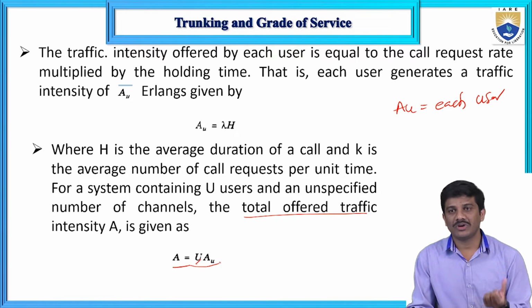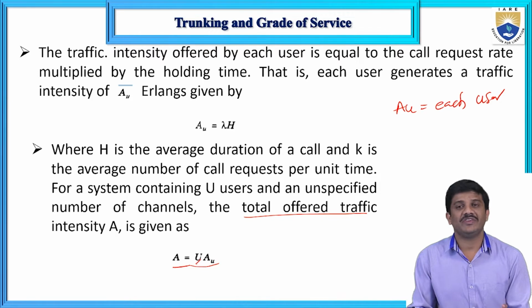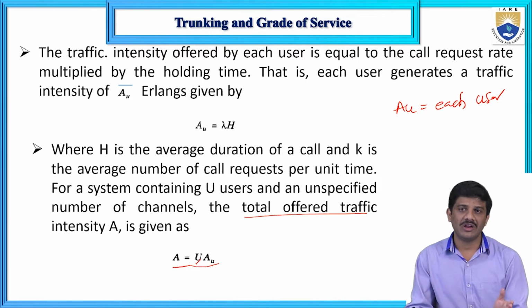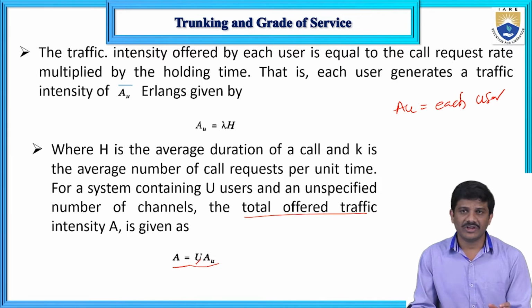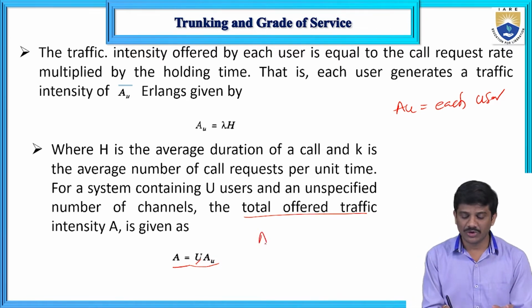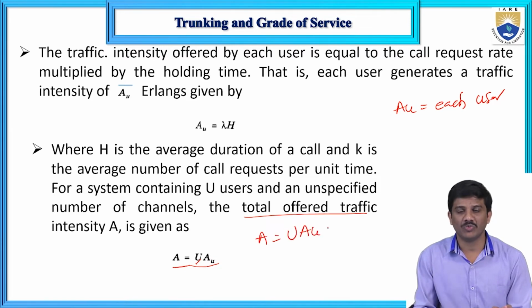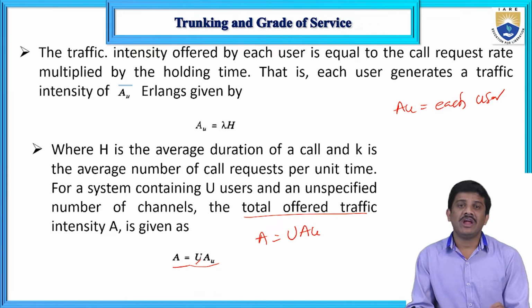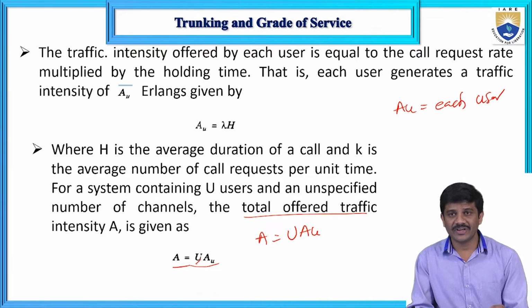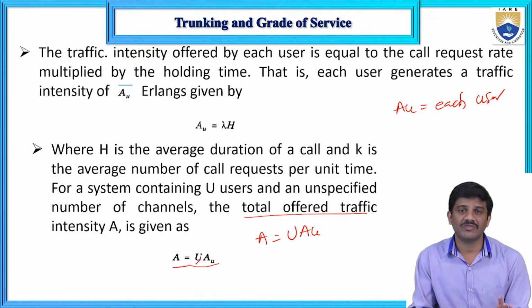That means the total number of users, U, multiplied by each user's traffic intensity, Au, gives the total offered traffic intensity A. Here U is the number of users. So A equals U into Au. Like that we can find the traffic intensity for each user, or otherwise for the total users.